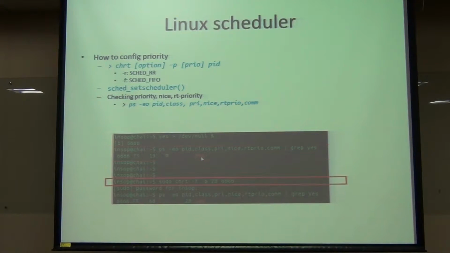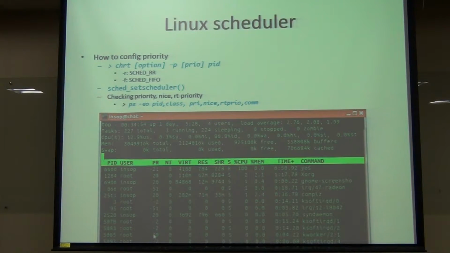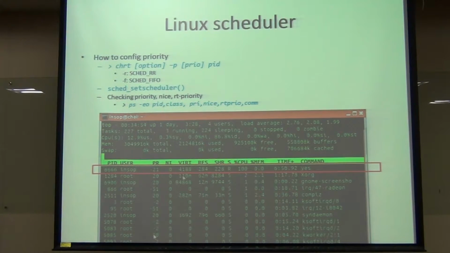And if I run chrt to change the scheduler as well as the priority, then you can see FF, SCHED_FIFO, and it changes the priority to 20, and it shows 60 as I told you in the ps output. And in the top output, it shows a priority of minus 21. You can go back and take a look at the mapping table that tells you how to map it.